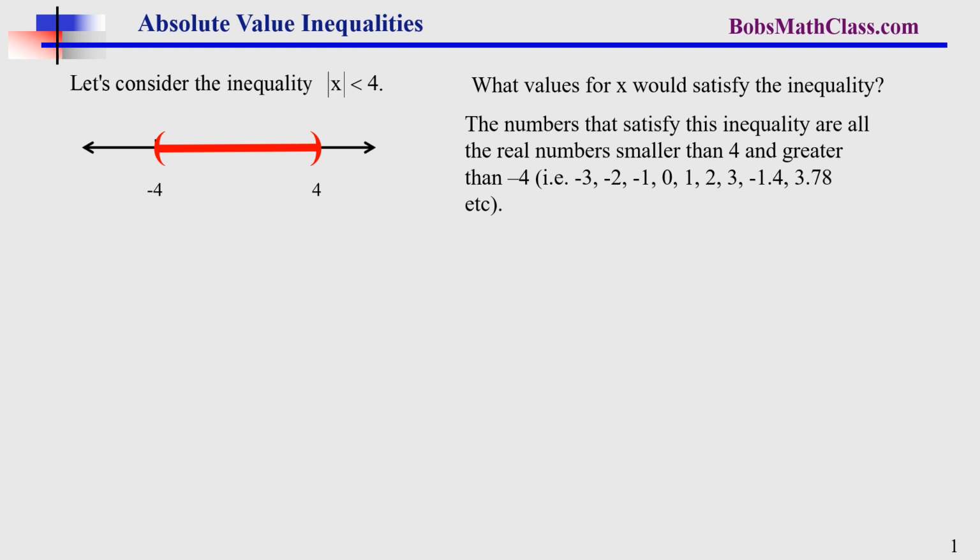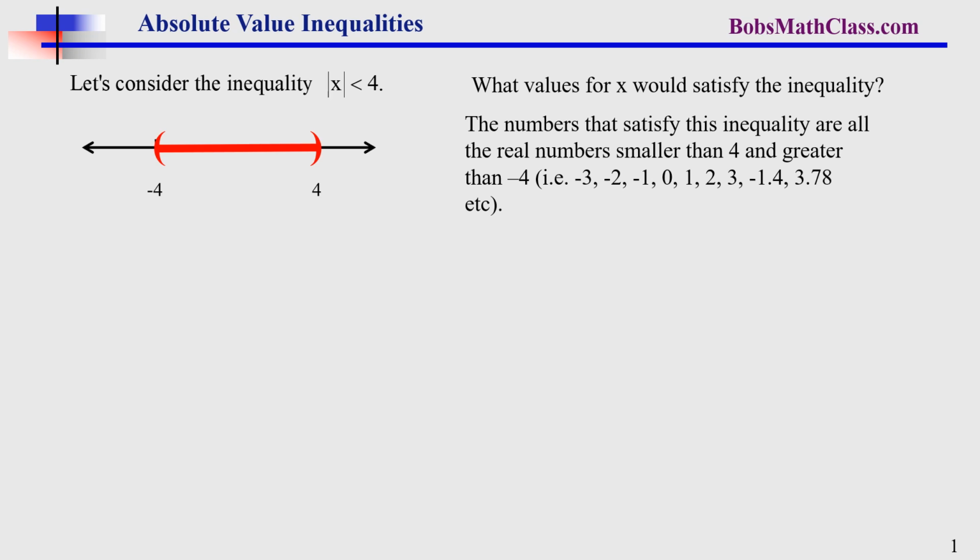Because it's a less than, 4 would not be included. So that's why we put parentheses whenever it's less than or greater than. If it had the line underneath, if it was less than or equal to, then we could include 4. But 4 cannot be included because it's a less than symbol.